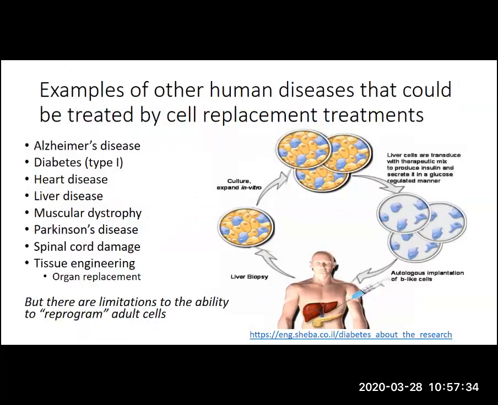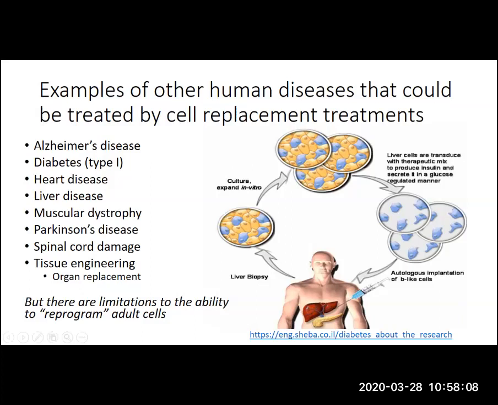And so this is a form of cell replacement therapy. Examples of human diseases where we could use this cell replacement therapy, assuming that the cells are available, would include nervous system diseases like Alzheimer's disease and Parkinson's disease, where you would have death of cells. By creating stem cells that become nerve cells, you could potentially alleviate or prevent the effects that we're seeing with these diseases.